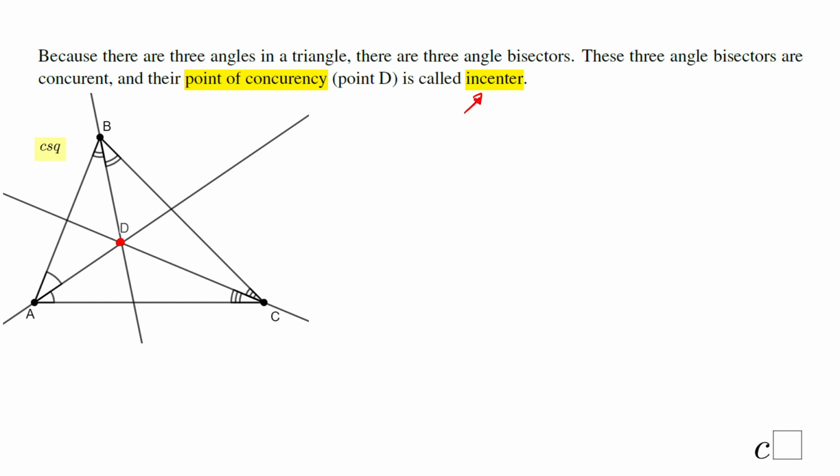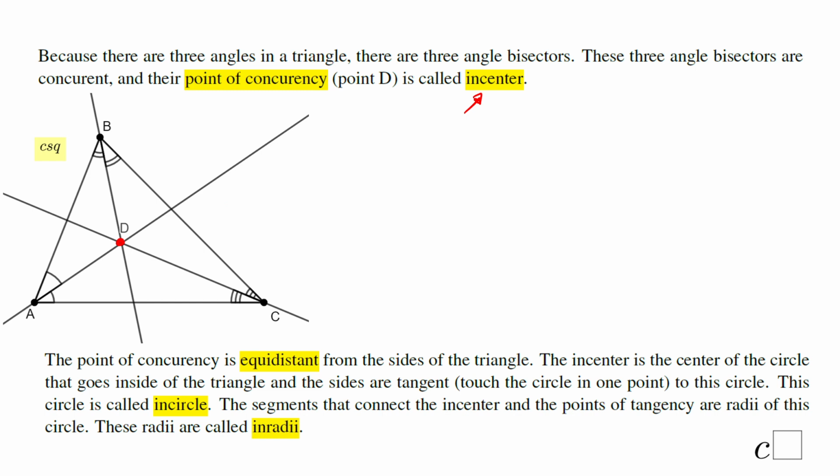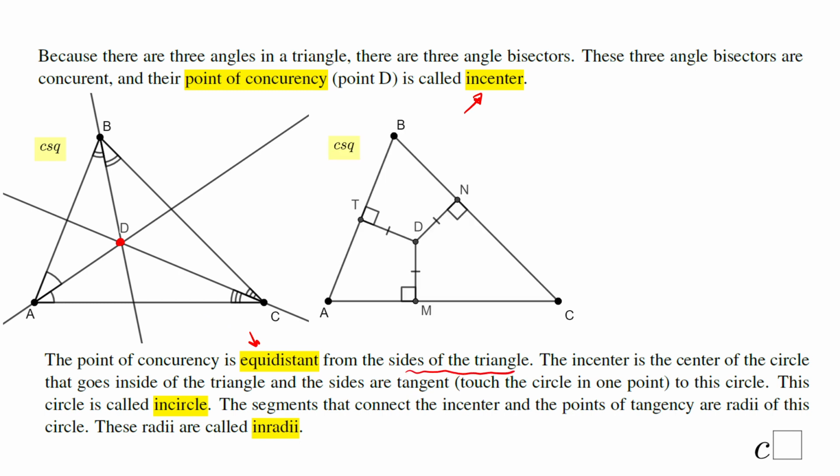There is a property about this incenter. The incenter is equidistant, the key word, from the sides of the triangle. You're going to see that here. Point D is the same distance. You see these 3 segments, they represent the distance from point D to the sides, and they are the same.